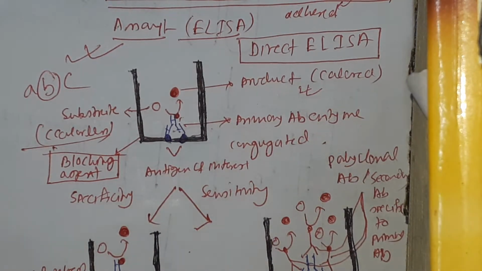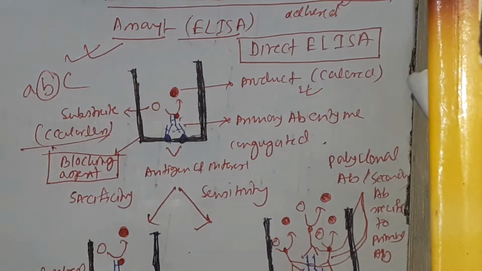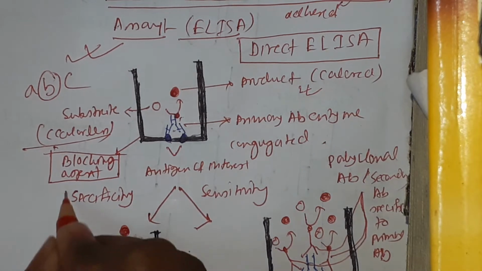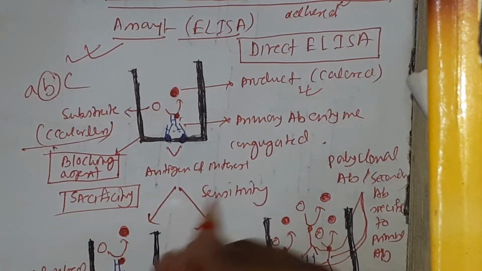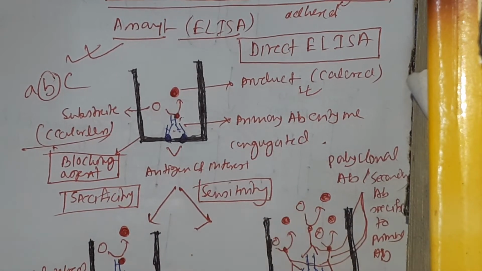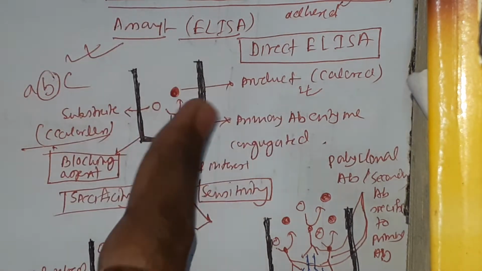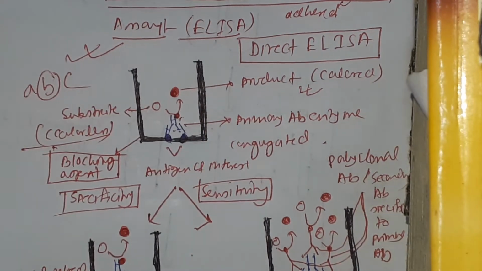So for this we need to modify this direct ELISA. Remember this, we need specificity in some cases and we need sensitivity in some cases, and in other cases we need both. So we need to modify this direct ELISA technique in three possible ways.